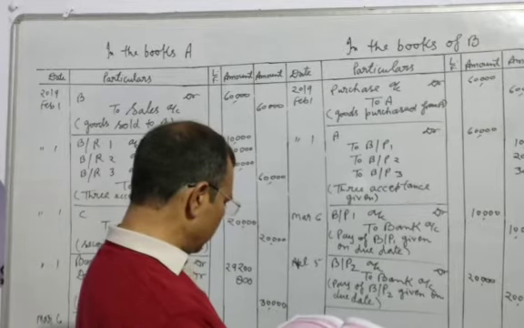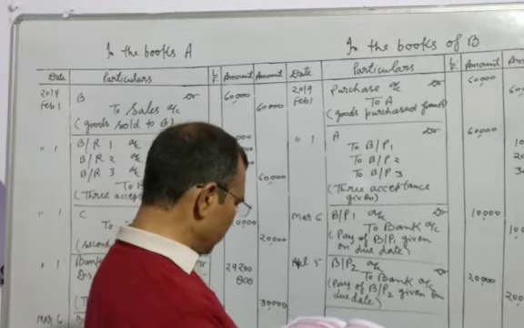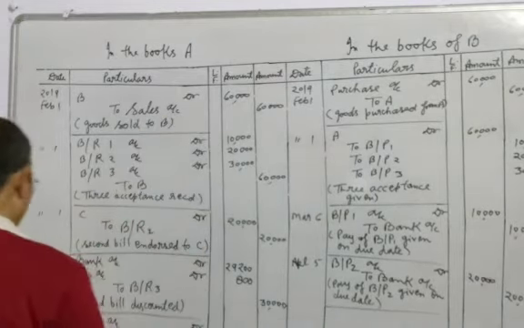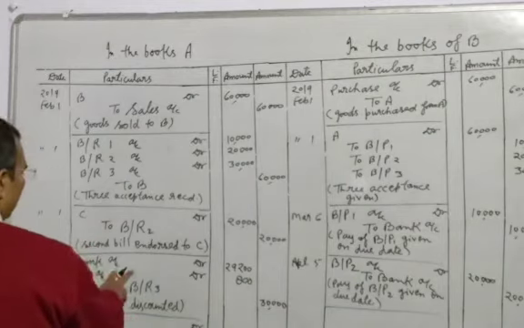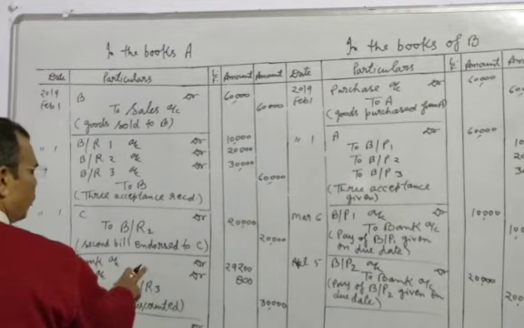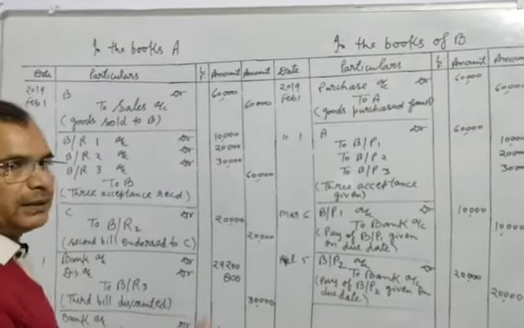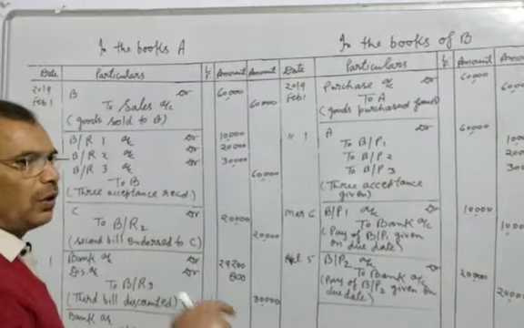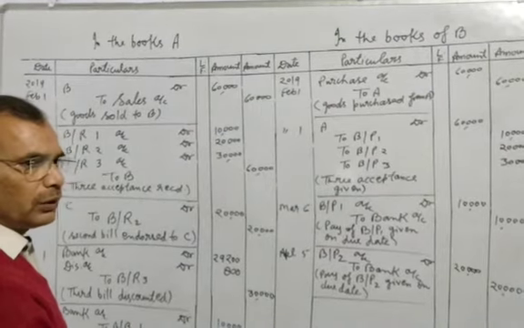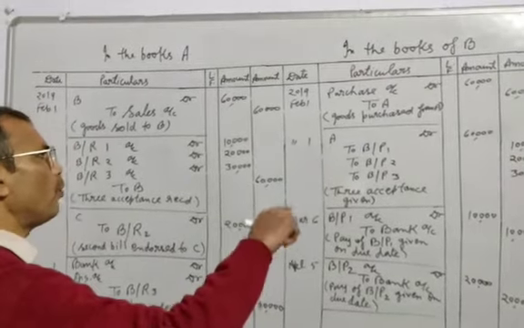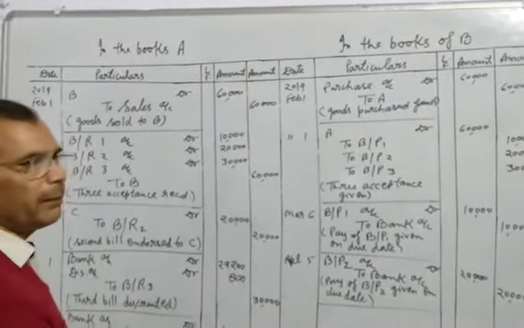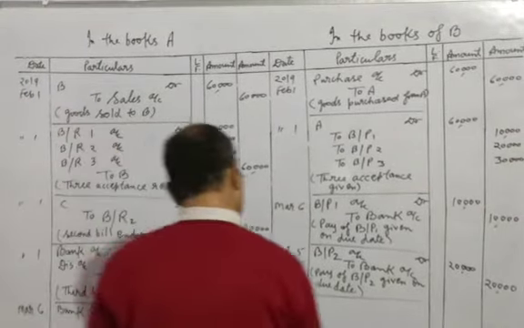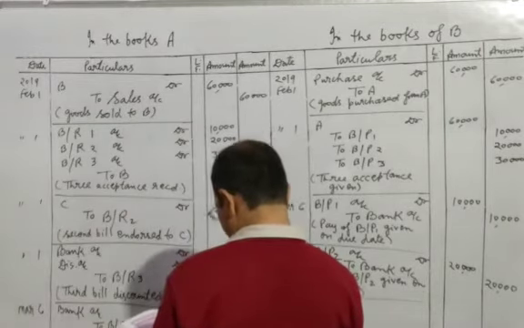And after this, what is the treatment about the third bill? We accepted all the three bills. The third bill was, you can see, discounted from bank. Means at the time of maturity date, the bill was with the bank. So the employee of the bank will go to B and we will give the payment to the bank's employee. Okay. So what would be the date?